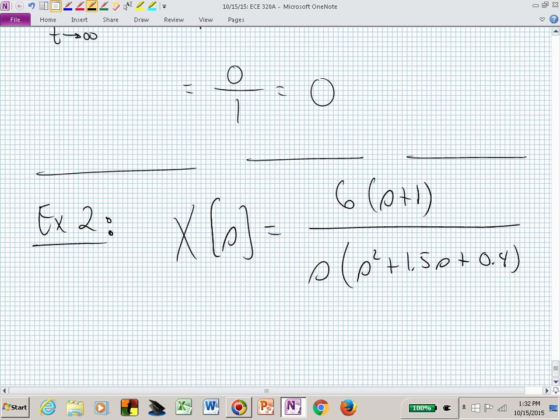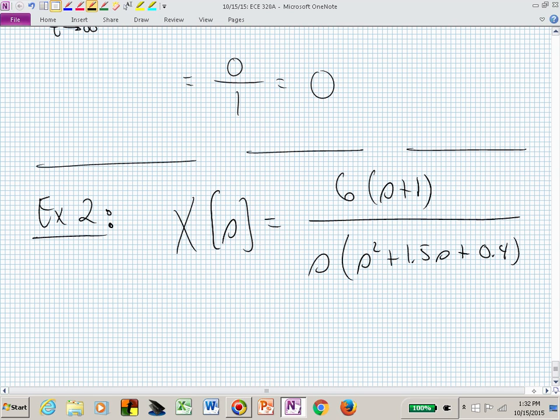That's my capital X of S. Now, I went through a lot of discussion in the last example, but now let's go a little bit quicker. Will we be able to apply the final value theorem to this capital X of S? Why?